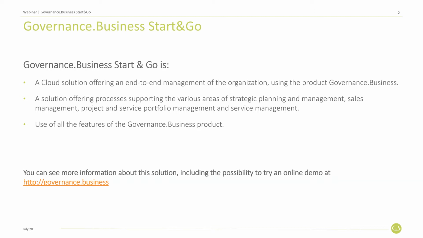We are offering processes to support you on strategic planning and management, sales management, project and service portfolio management, and service management. And of course, use all the features that are available within Governance.Business itself.